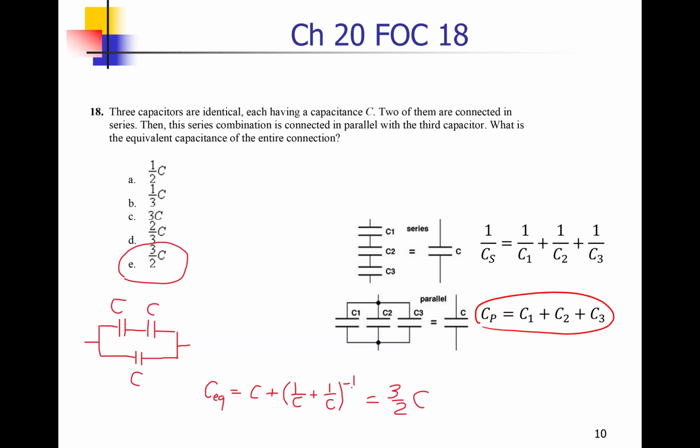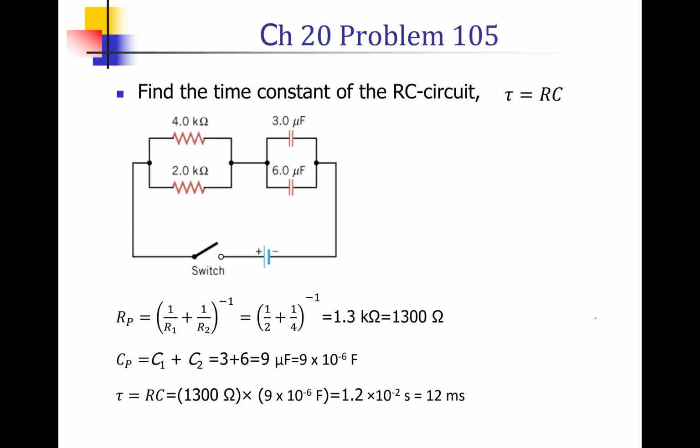And if the resistances are connected in parallel, then 1 over R will be equal to 1 over R1 plus 1 over R2.